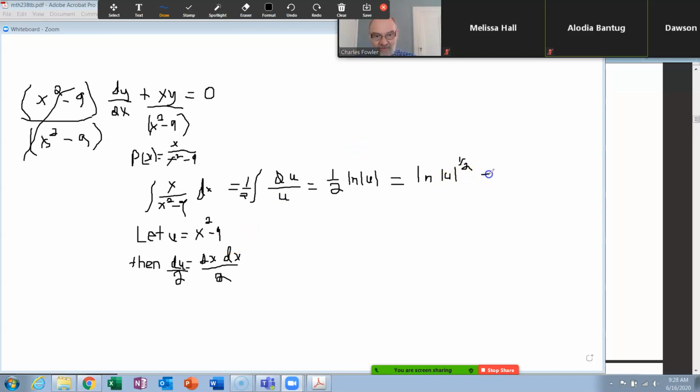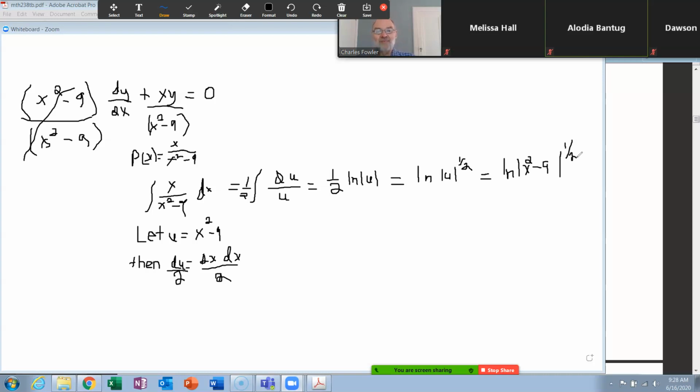All right, and at this point, I guess I'll put it off as long as I can. Let's go back to our x function, and that would be the log of, and now we'll put the u is x squared minus 9, so we put that in absolute value bars, x squared minus 9, and then you're going to take this to the 1/2 power, or the square root of x squared minus 9 if you prefer to write it that way. Okay?